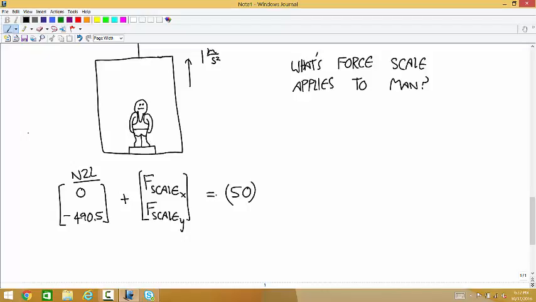So now this is where things are going to change. In the last example, there was no acceleration. Now we have an acceleration upward of 1 meter per second squared. What's that in components? Yeah, 0, positive 1.